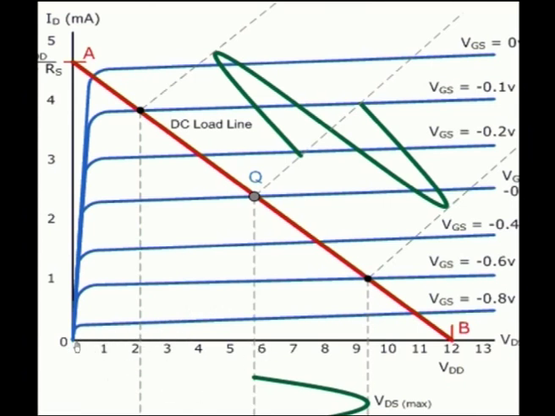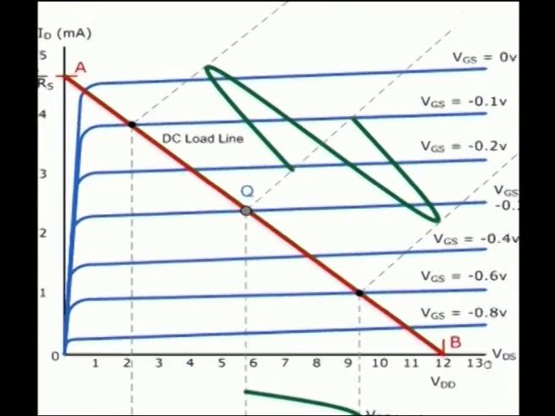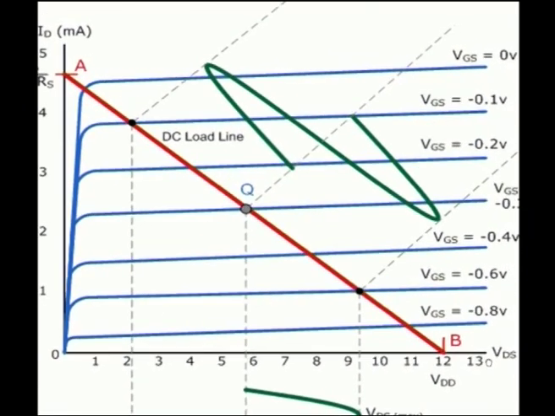The x axis has the drain source voltage and the y axis has the drain current in milliamps, and these are all the curves for the constant VGS values. So, this is the VGS 0, and after which if you reduce the VGS, you can see how the characteristics is reduced.